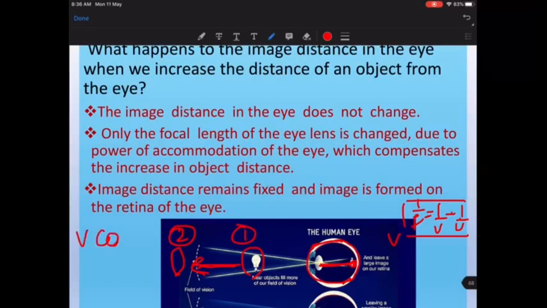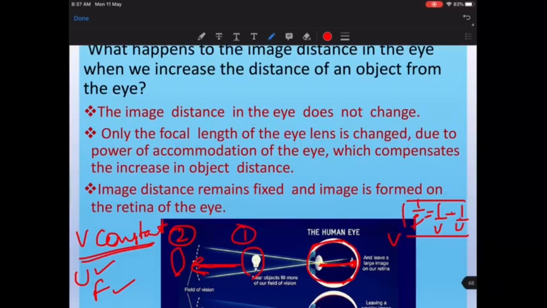First, the image distance in the eye does not change. The image distance remains the same. Second, only the focal length of the eye keeps changing, because of the power of accommodation that we have. The image distance remains fixed and the image is formed on the retina.